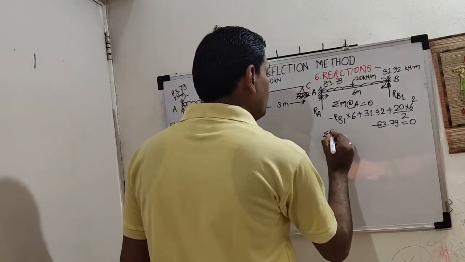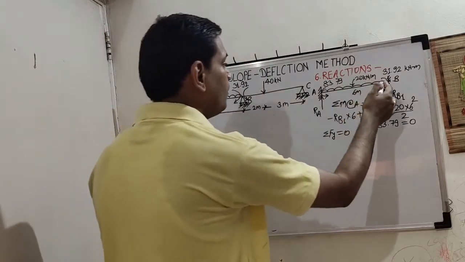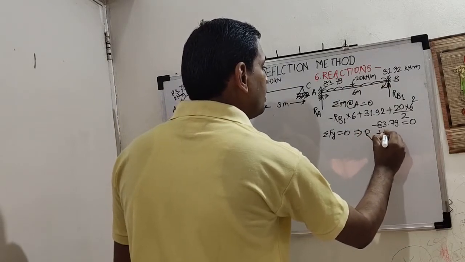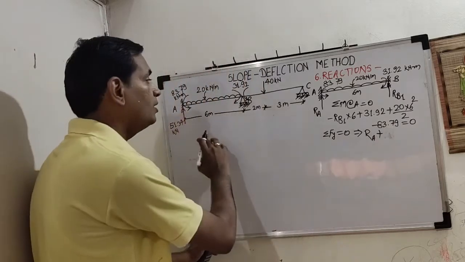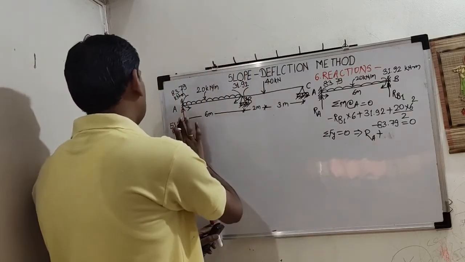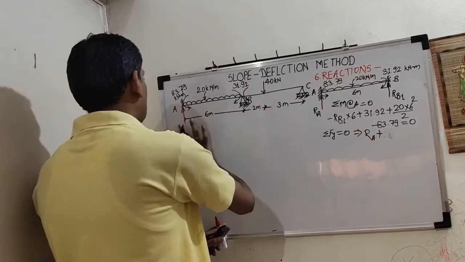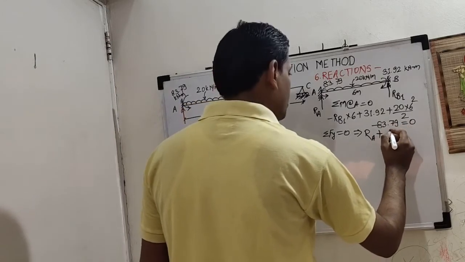Now summation Fy is equal to 0. You apply this condition to this beam, you will get RA plus RB1. This is not RA, I'm sorry. RB1 is 51.34, correct?